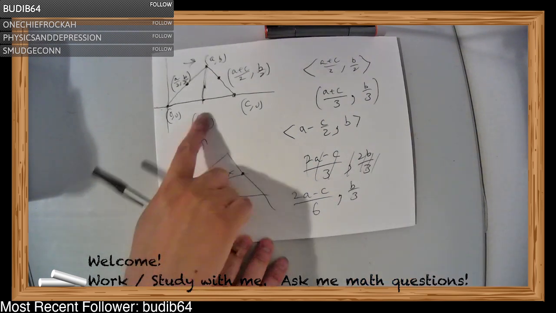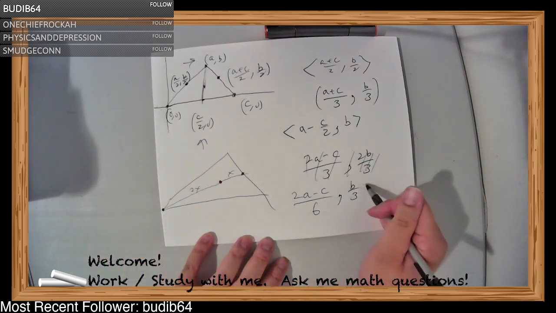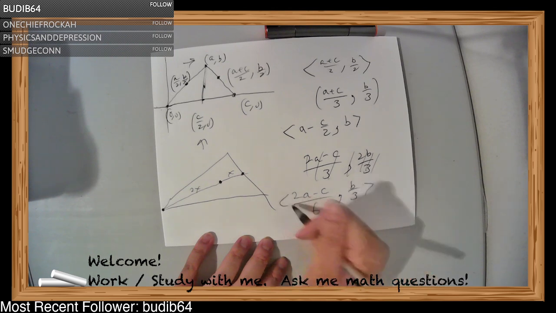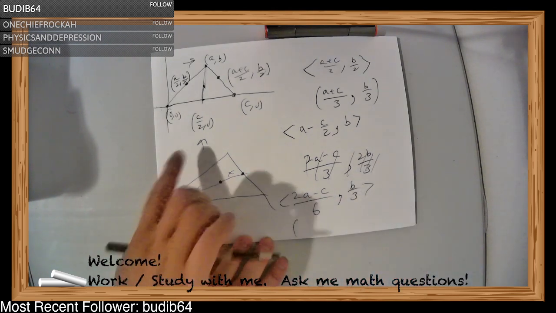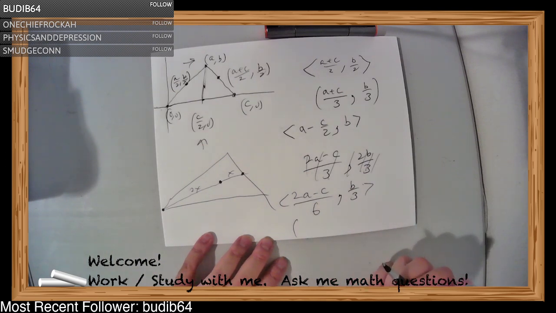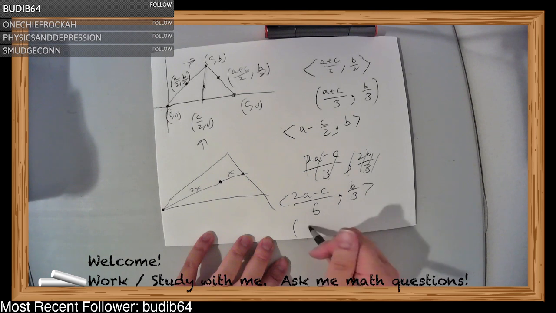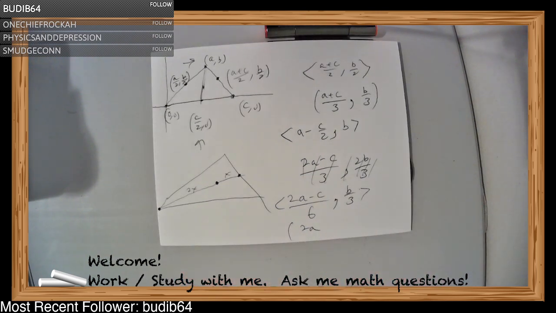But we are coming up from this point, so we're going to add c over 2 to this thing. So this is the vector, but the point comes out of c over 2, 0. So this will be 2a, and then plus c over 2.